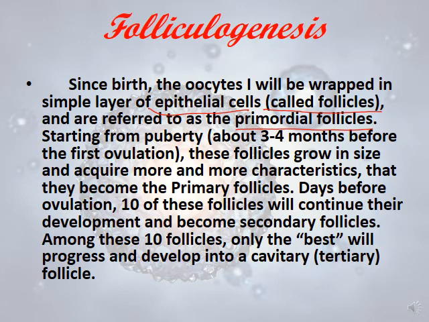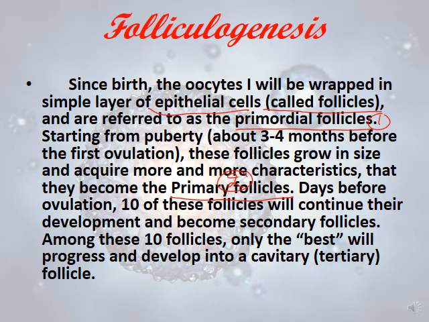Starting from puberty, about 3 to 4 months after the first ovulation, these follicles will grow in size and become what is known as the primary follicles. So first we have primordial, then we have the primary follicles.